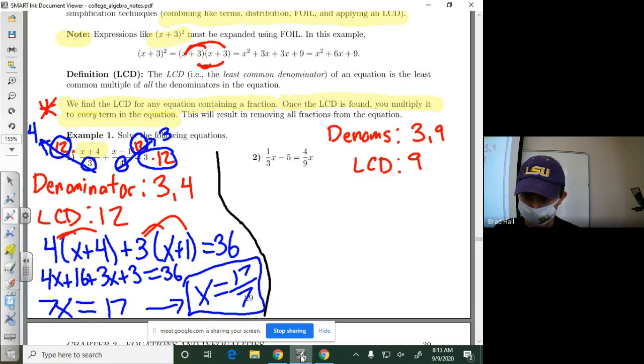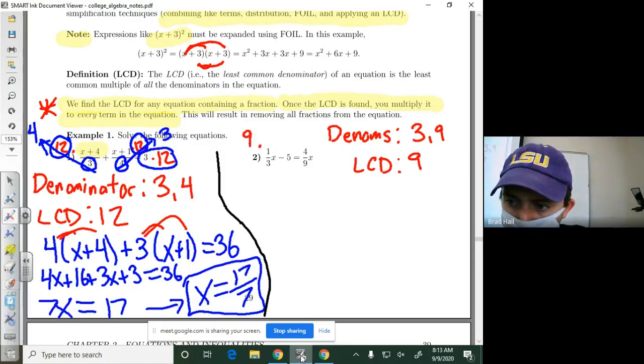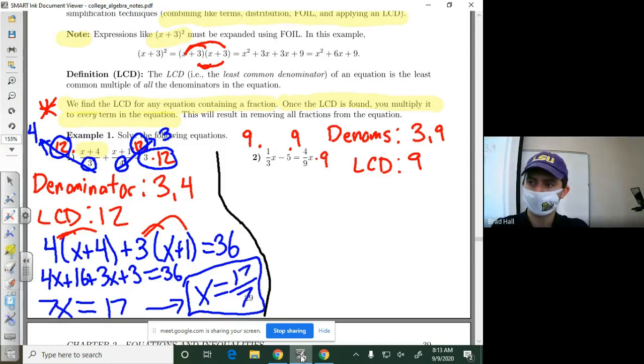Once we pick the correct LCD, we multiply it to every term, whether it has a fraction or not. And when I say term, I mean expressions separated by a plus or minus sign.